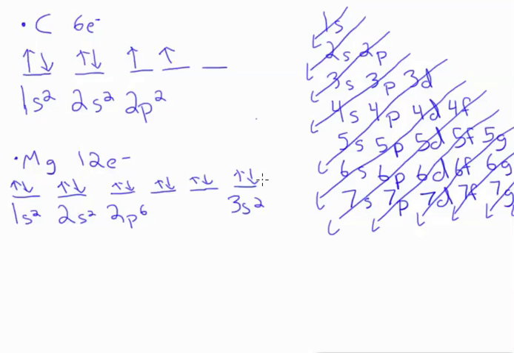Let's do one more example. Let's do nickel. We have 28 electrons. Before we start, let's look at these orbital diagrams. You see what an s orbital looks like if it's full. It's got 1 up and 1 down. You see what a p orbital looks like if it's full.